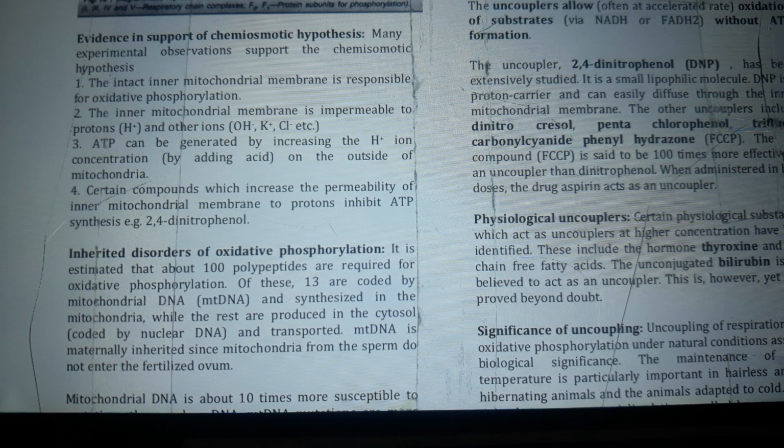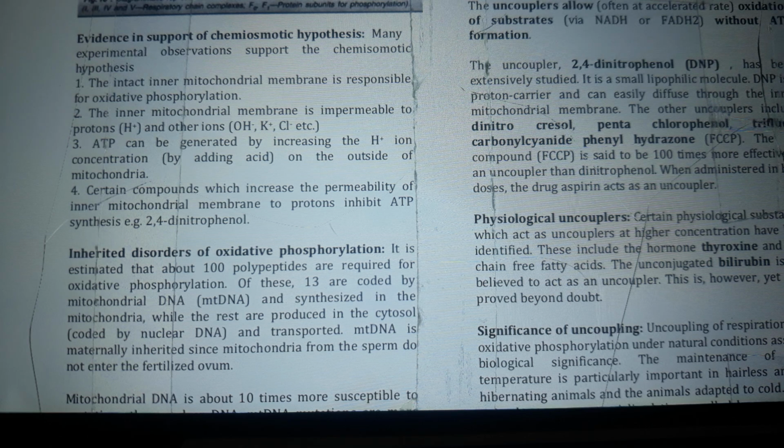Let me repeat that for you. ATP can be generated by increasing the hydrogen ion concentration by adding acid on the outside of mitochondria. Certain compounds which increase the permeability of the inner mitochondrial membrane to protons inhibit ATP synthesis, for example, 2,4-dinitrophenol.